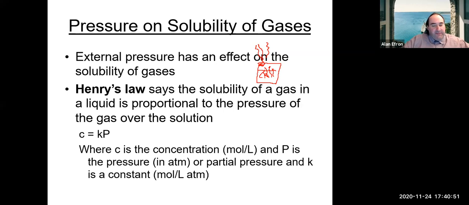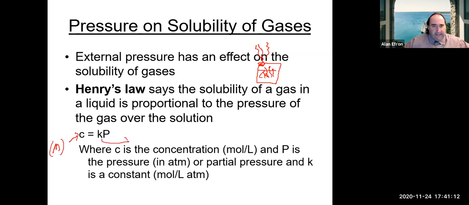This relationship between concentration and pressure is what is sometimes referred to as Henry's law, and it basically states that the solubility of a gas in a liquid is proportional to the pressure of the gas over the liquid, and this is its law right here. C is concentration, which is basically molarity.